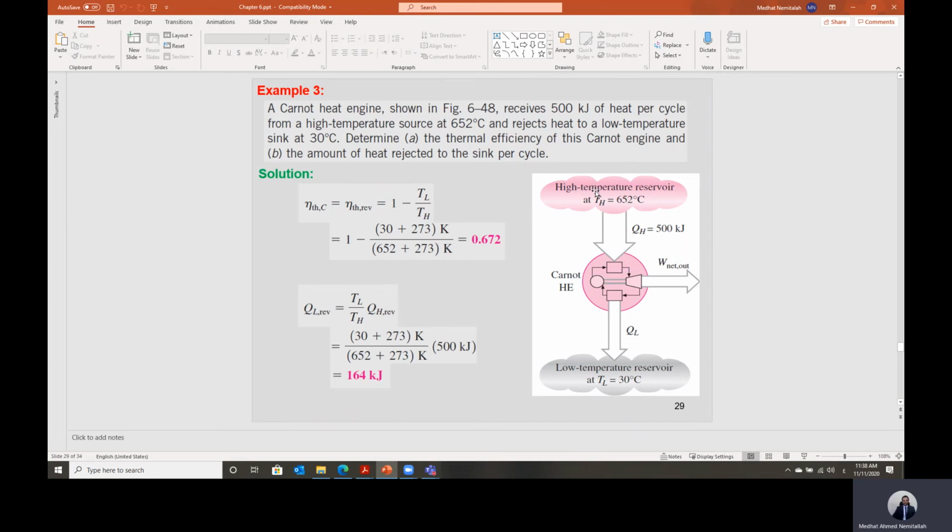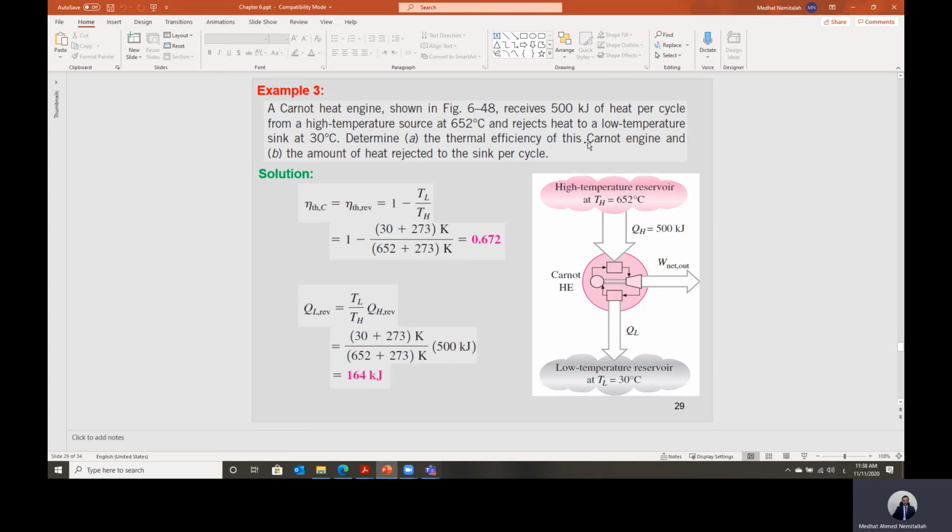The source for the heat engine is the high temperature. Okay, and it rejects heat to a low-temperature sink existing at 30 degrees C. So the sink at which the heat is rejected is at 30 degrees C. Now we have T high and T low, so we can calculate the efficiency of this system, which is the maximum efficiency.